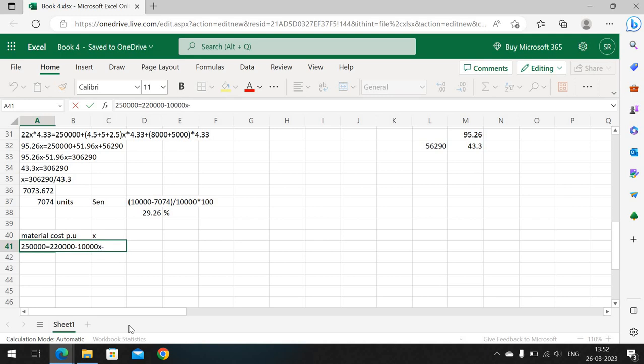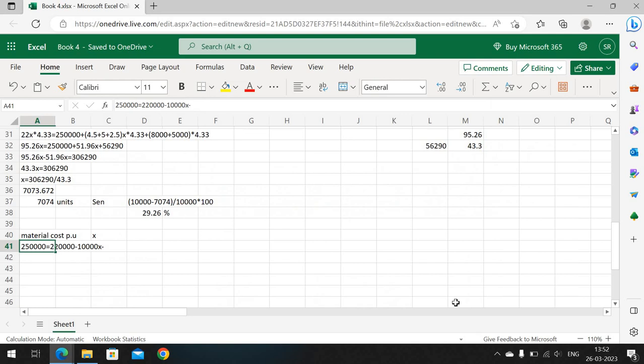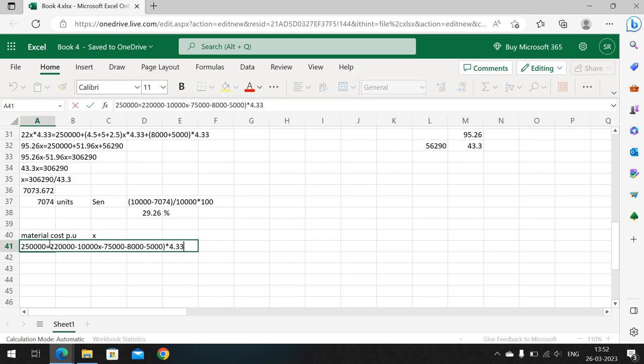Minus my labor 5 rupees and variable overheads 2.5, total 7.5, so minus 7.5 into 10,000, 75,000. Again my rent is 8,000 and the manager's salary is 5,000. I need to convert this to 5 years present value, so into 4.33.